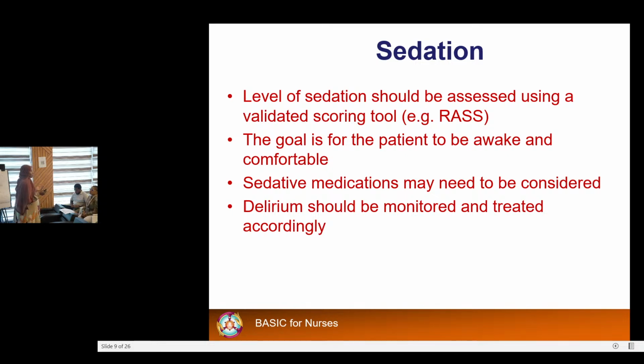What are the components? Facial expression, because the patients, they don't talk, is it? They are sedated. What else? Sweating, physiological, that is heart rate, blood pressure, lacrimation, movement of the limbs, compliance with ventilators.